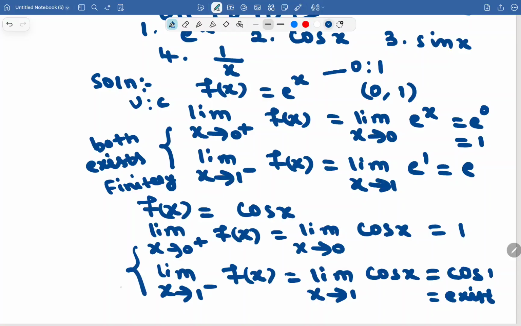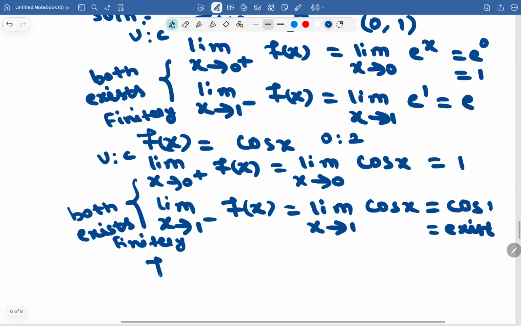Both exist finitely. Option 2 is also uniformly continuous.